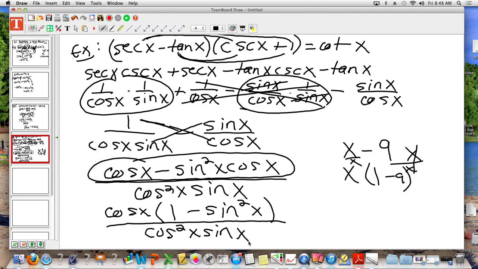What is 1 minus the sine squared of x? Cosine squared. Right?